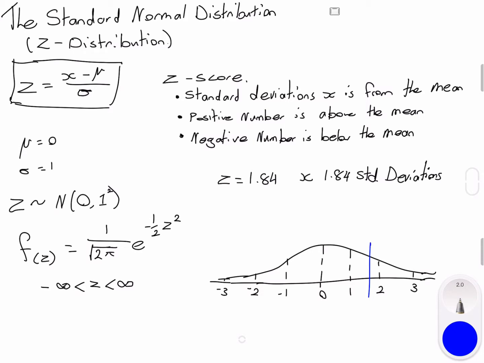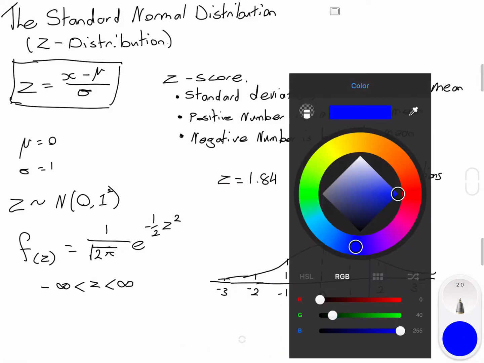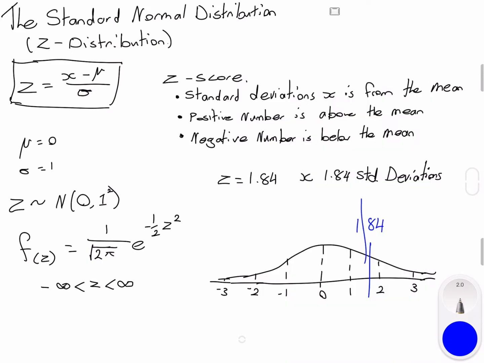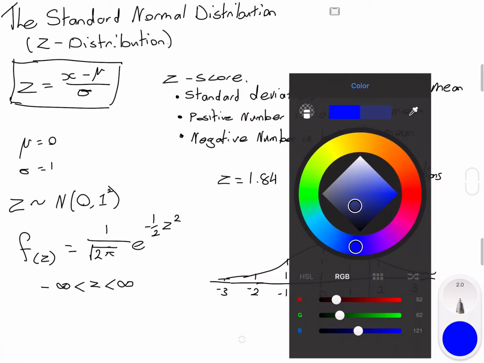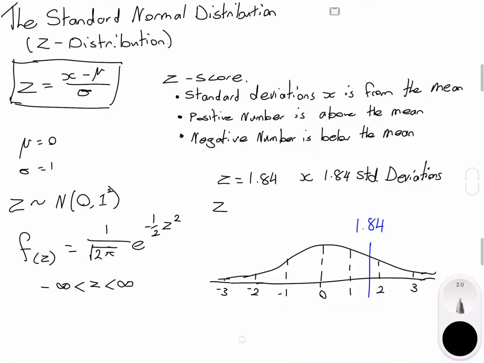If our Z score was less than 0, let's look at another case, I'll write this down quickly. Let's look at a different case where our Z score is equal to minus 0.273. That means that X is 0.273 standard deviations to the left of the mean.